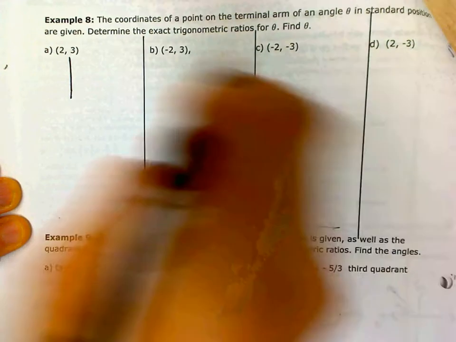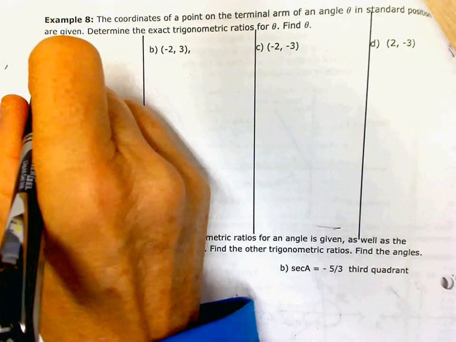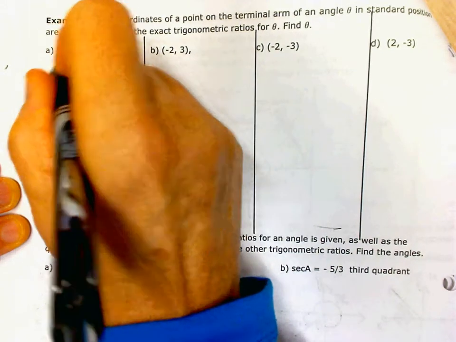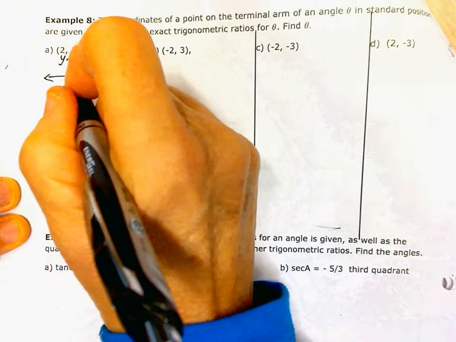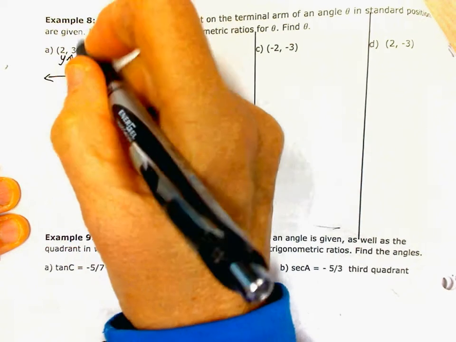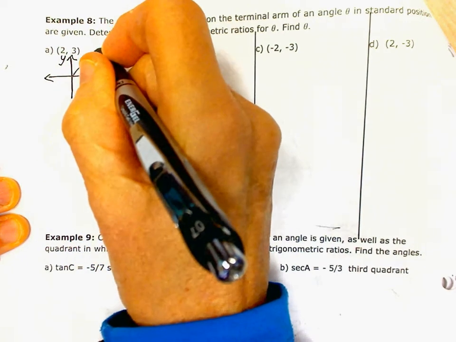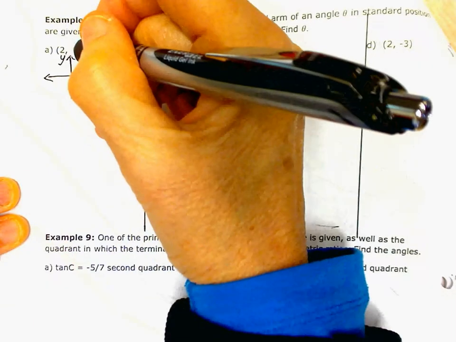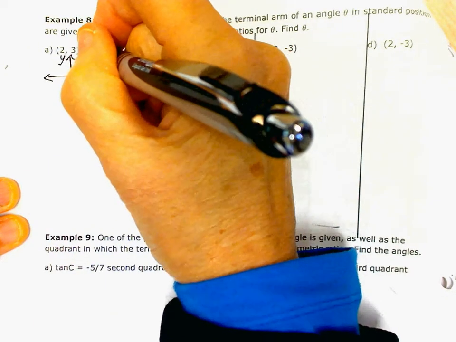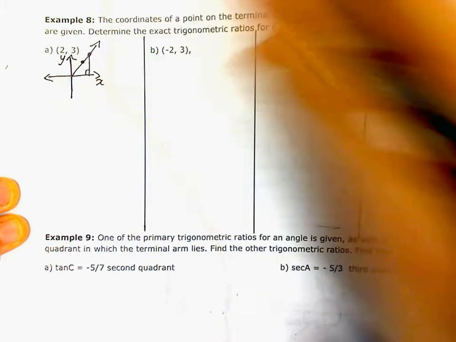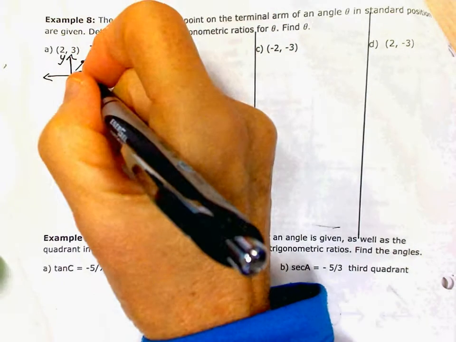So, this is x, this is y. Okay, if we were to estimate 2, 3, let's say 2, 3 is there. Well, I'm going to put it up a little bit higher because we need just a little bit more space. We're going to draw, right, this is the angle. That's our theta.